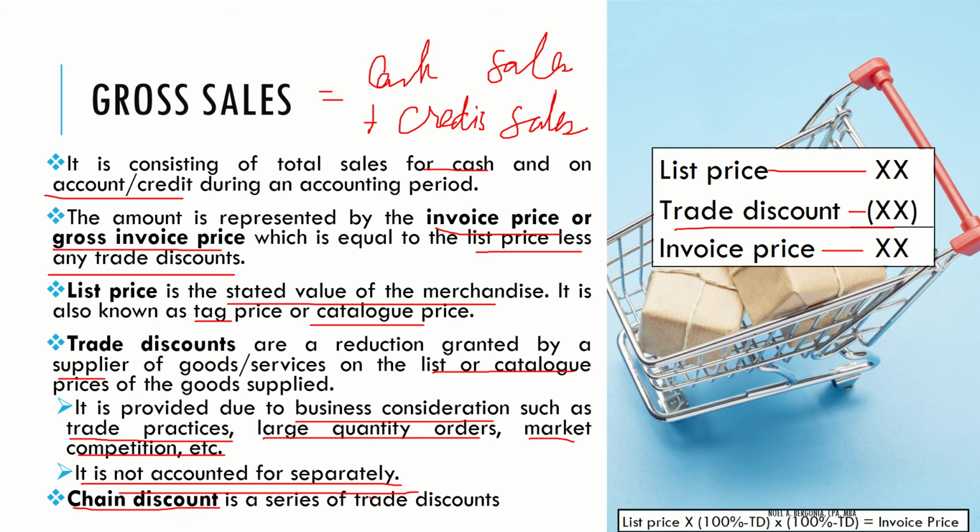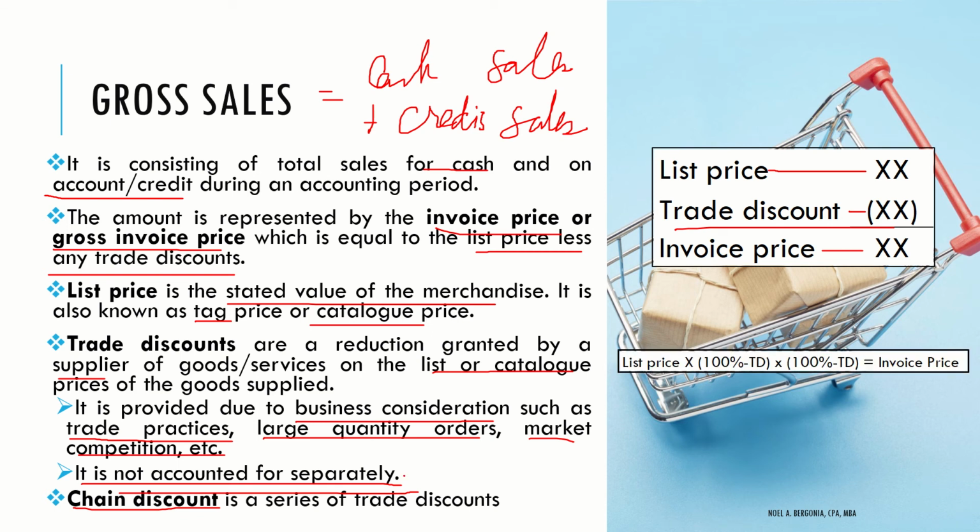Kaya I'm giving you this formula, which is yung list price natin, you multiply it with 100% minus the trade discount. Kasi the possibility there is bibigyan kita ng 2% discount kasi suki kita, bibigyan kita ng 3% discount dahil marami kang binili, bibigyan kita ng 5% discount dahil crush kita.